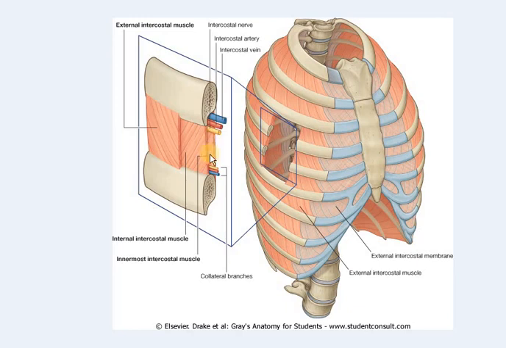You can find the innermost intercostal muscle most evident in the lateral wall of the thoracic region.